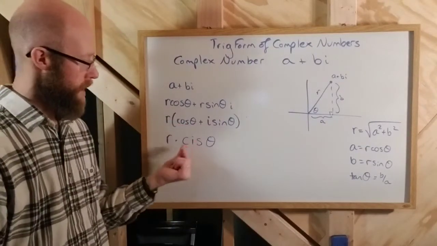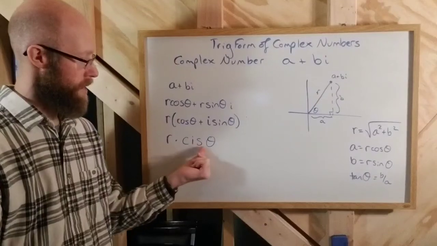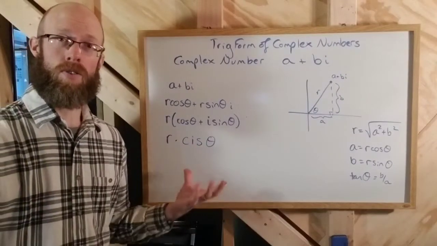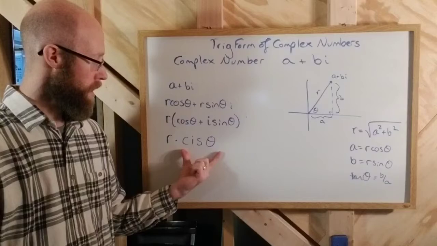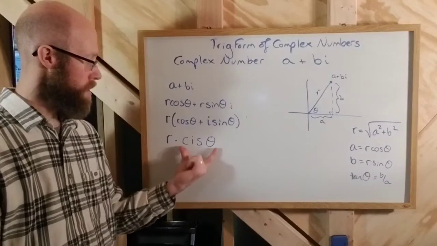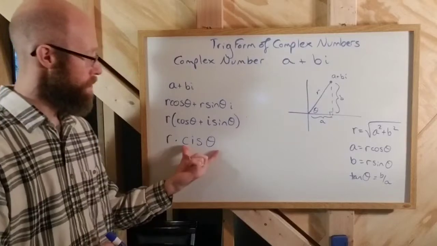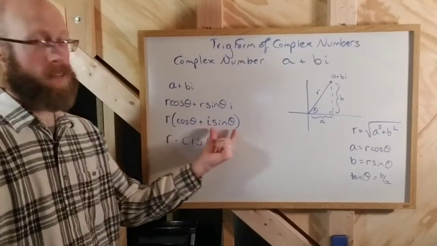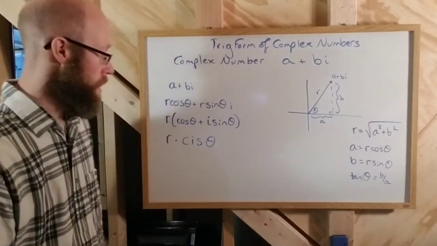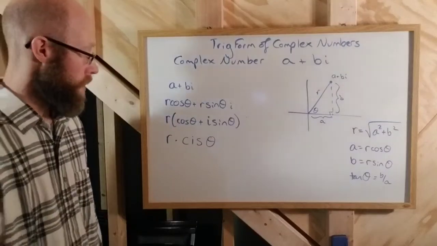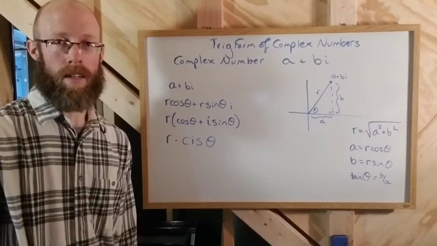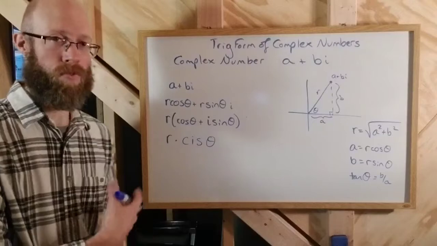Cosine i sine. Okay? So if you see r times cis theta, I call it cis theta, that really means it's cosine plus i sine of theta. So it's just a shorthand way of writing that. That's all that is. It's not really a new function or anything.